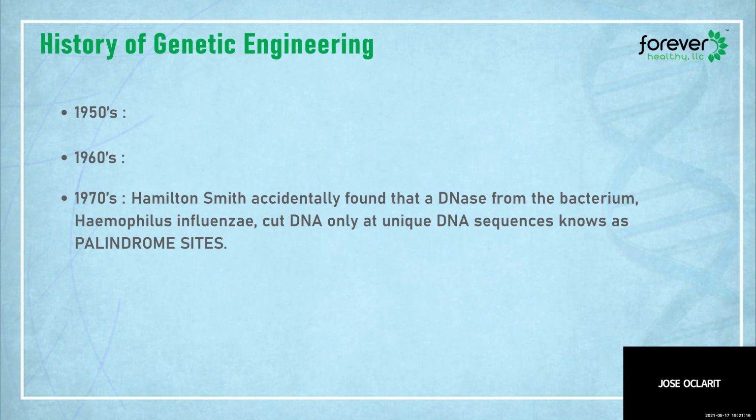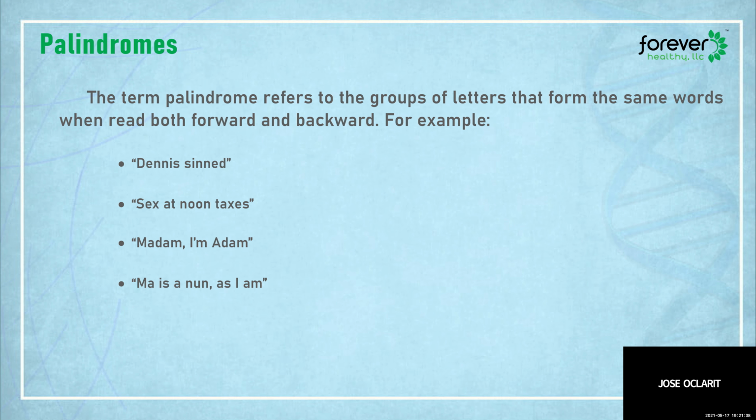Do you know the meaning of a palindrome? The term palindrome refers to a set of letters that can be read the same forward and backward. For example, in this illustration, you examine very well the sentence, Dennis sees, can also be read Dennis sees backward. Then there is another palindrome, sex at noon taxes.